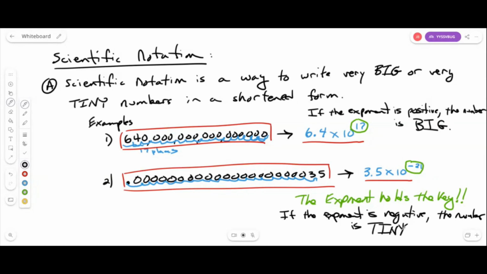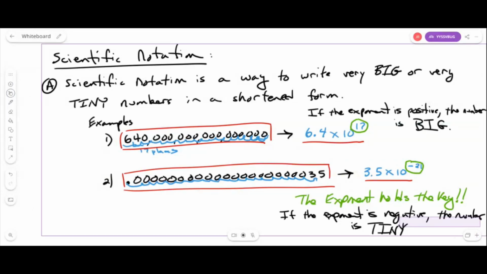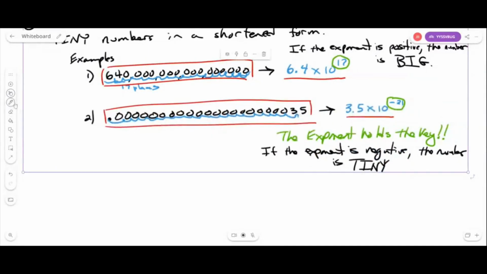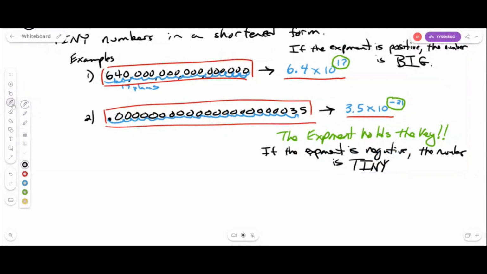Now I wrote it big, but the number would be a tiny number. That is all you need to memorize. Positive exponent, big number. Negative exponent, tiny number. If you'll learn that, you can work any of these problems.